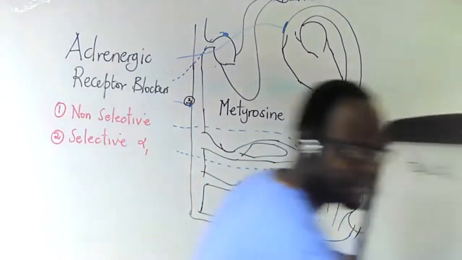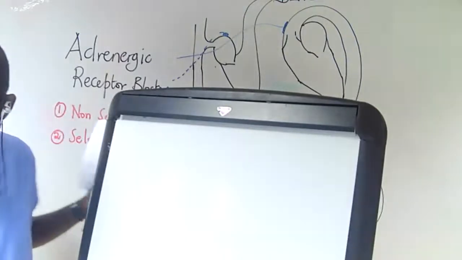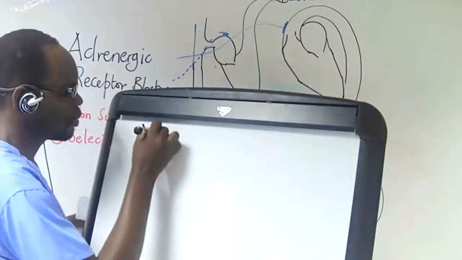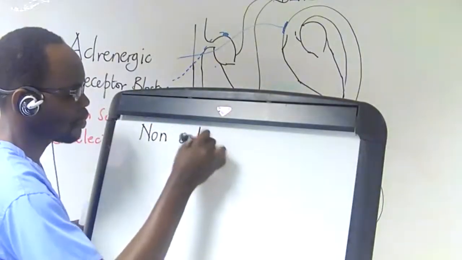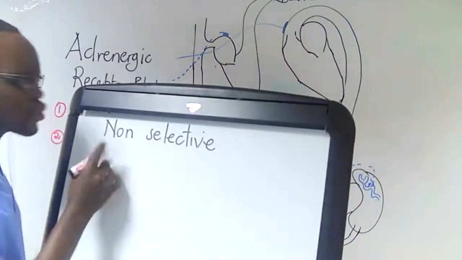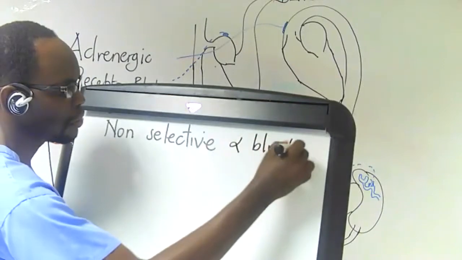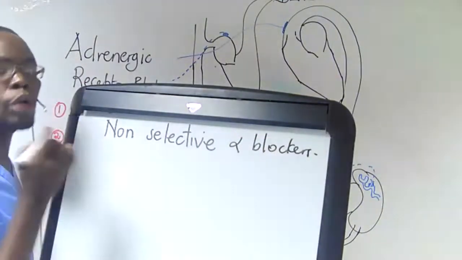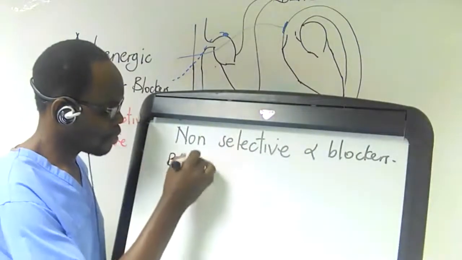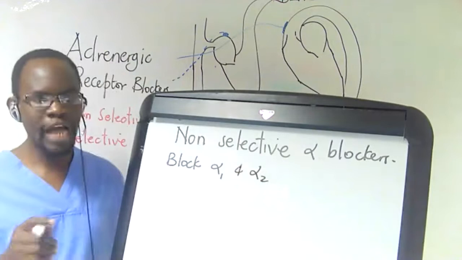Let me explain something here briefly. The non-selective alpha blockers will block what and what? They will block alpha 1 and alpha 2.